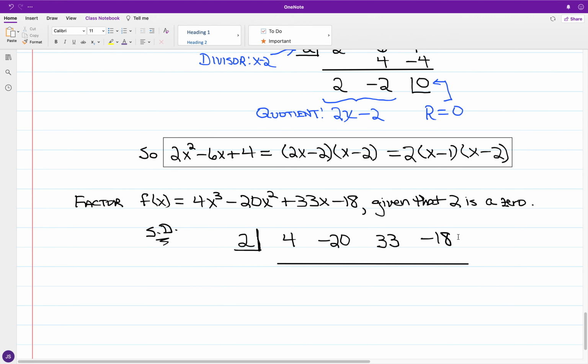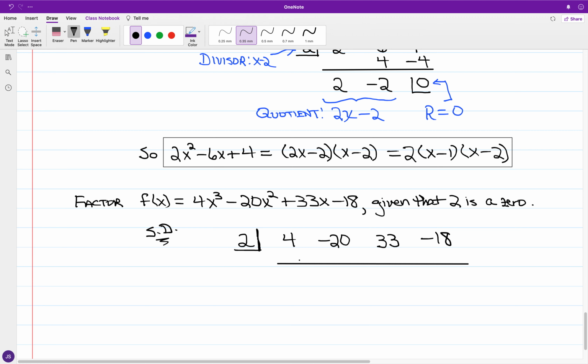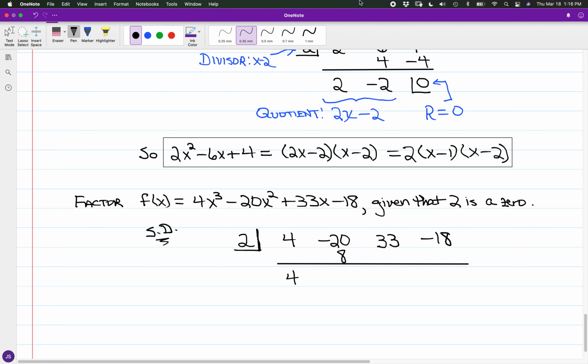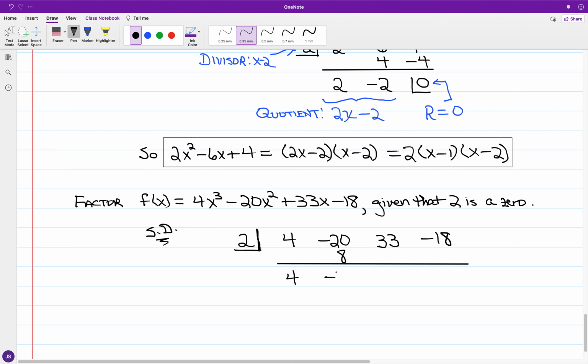Again, if 2 is a 0, then the remainder should be 0. If we bring down the leading coefficient 4, then 2 times 4 is 8. Negative 20 plus 8 is negative 12. 2 times negative 12 is negative 24. 33 plus negative 24 is 9.